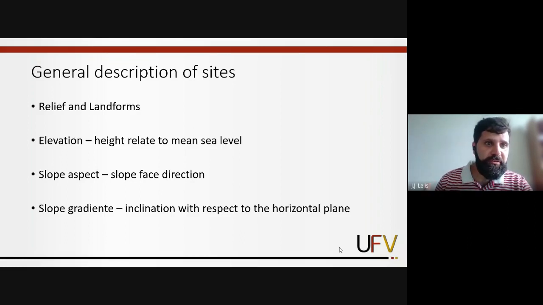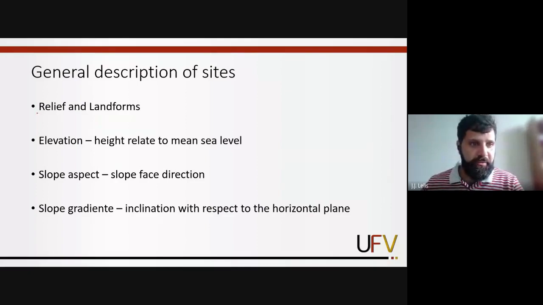First, we need to understand that beyond soil, we also should describe the position and location of the soil profile. And we also should describe the relief and landforms.